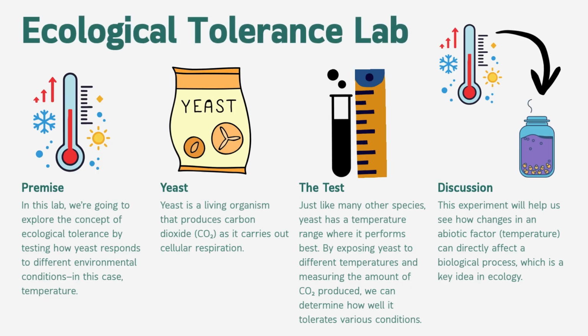So remember that the premise of this lab, this ecological tolerance lab, is based on material that we've learned about in the past couple of chapters in your textbook, right? We've been figuring out that certain species, certain organisms, have a range in which they can live.